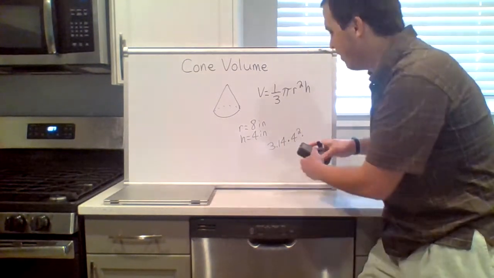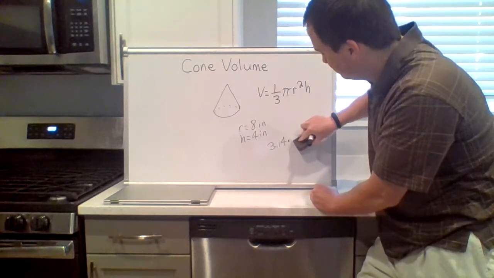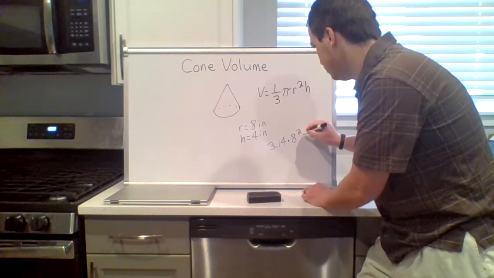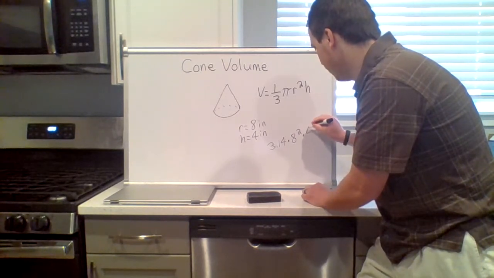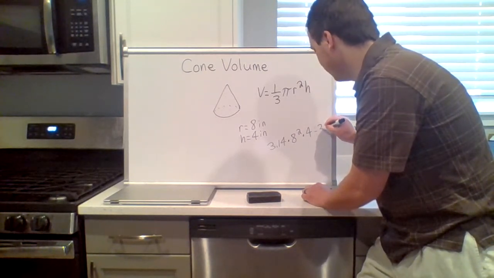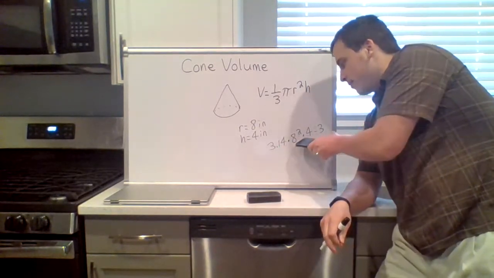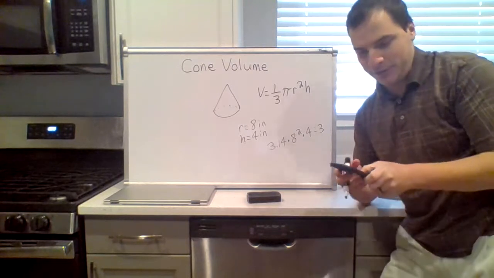Sorry, times 8 squared. My apologies. Times 4, then just divide by 3 at the end, since it's a cone. Cylinder would be just this part. The cone is divided by 3.